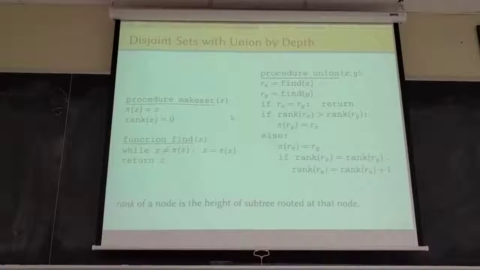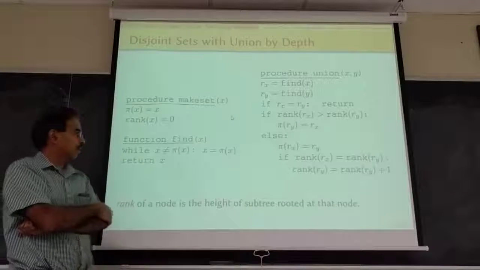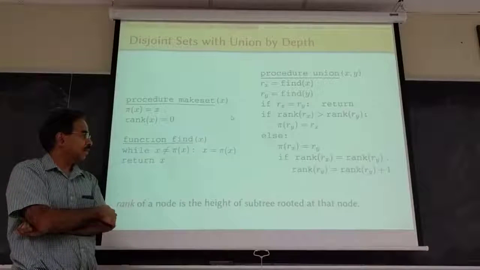Union is always cheap. And the cost of a find on a set is equal to the rank of the set, or rather, the rank of the root of the set, because we're just following the pointers all the way to the root. So the height of that tree tells you how much it costs to do a find on that tree.